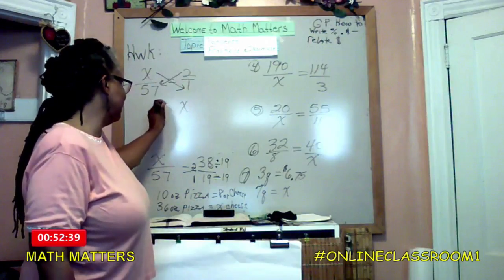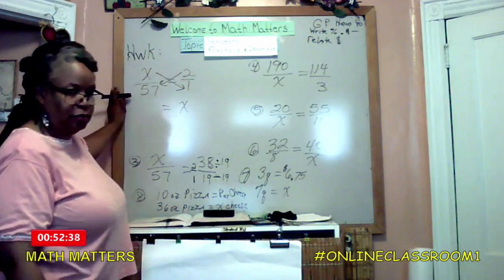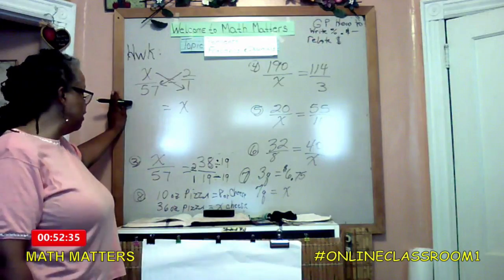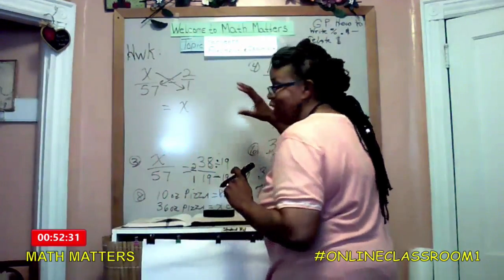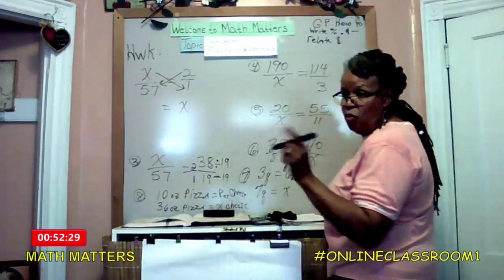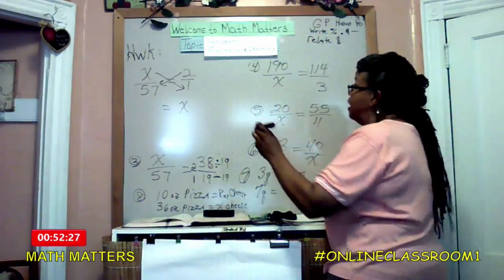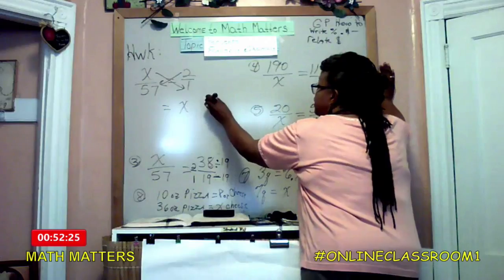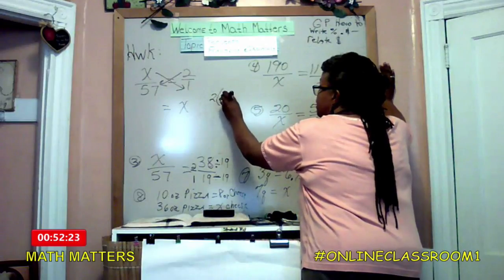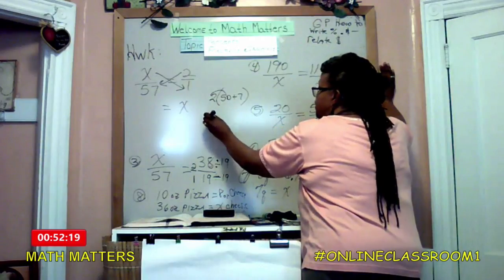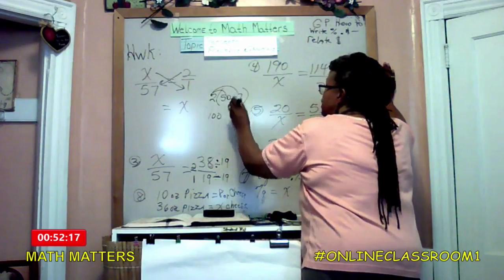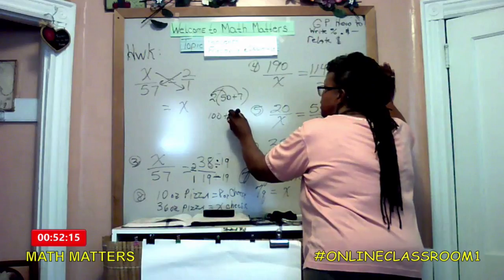x times 1 is x, which is equal to 57 times 2. Once again, I'm going to plug in that distributive property because I want you to understand it. 2 is the multiplier times 50 plus 7. 2 times 50 is 100. 2 times 7 is 14.